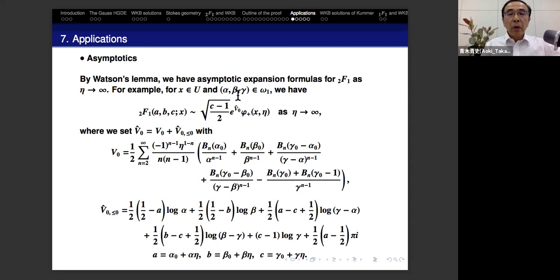So, for example, if alpha, beta, gamma belong to omega 1, and U is located in the neighborhood of the origin, then this classical hypergeometric function with a large parameter eta has an asymptotic expansion formula of this form as eta tends to infinity.